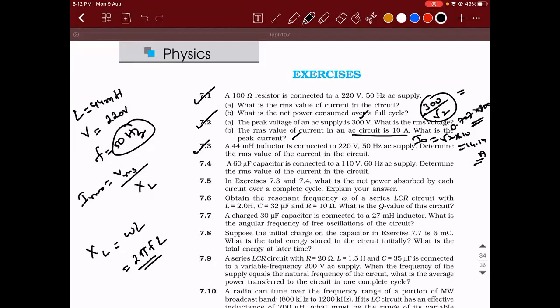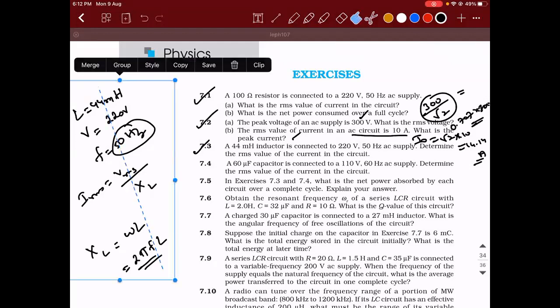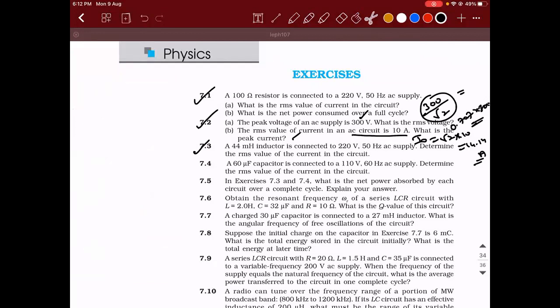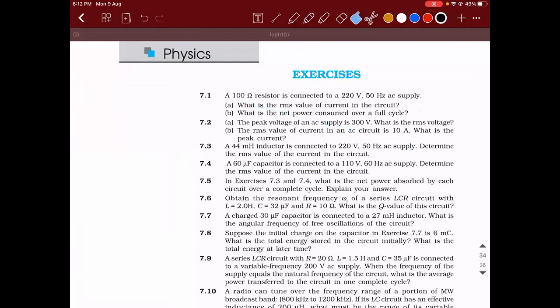Substituting all these values and solving, you will get the value of IRMS. Okay. Shall we move on to the next one? Yes. So how to do the next one? A 60 microfarad capacitor is connected to a 110 volt and 60 hertz AC supply. Determine the RMS value of current.